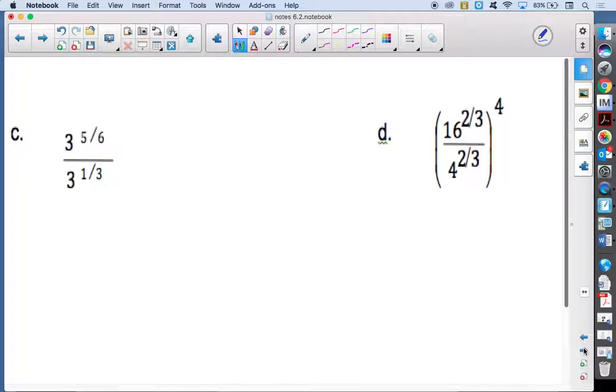So see if you can try letter C. We have 3 to the 5/6 divided by 3 to the 1/3. So dividing means you need to subtract the exponents. Get those exponents to subtract, and then after that, we see if it can be simplified any further. So get a common denominator, subtract those fractions.